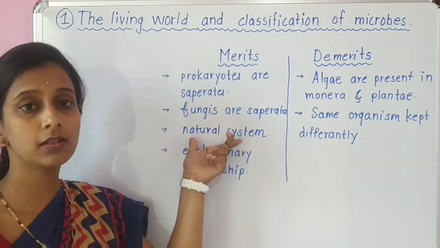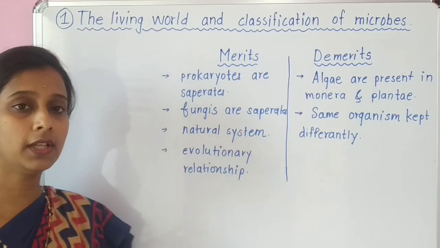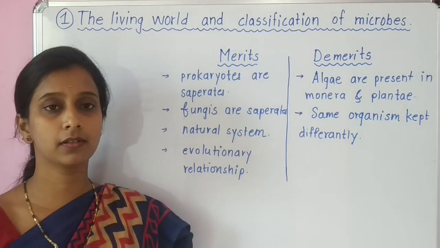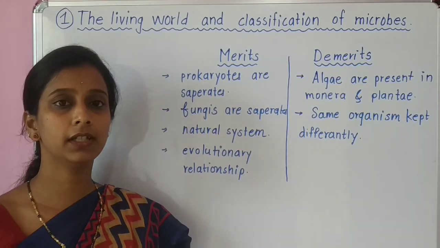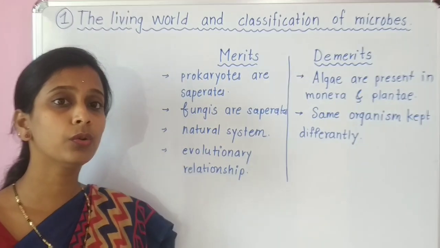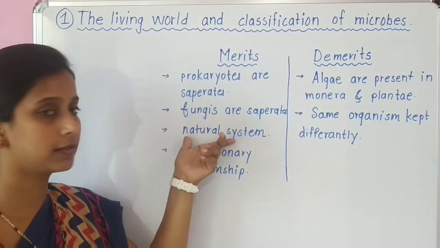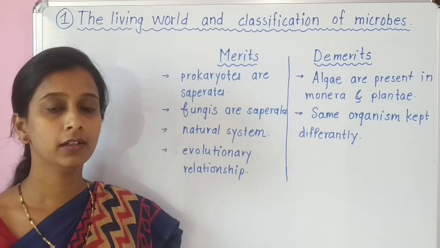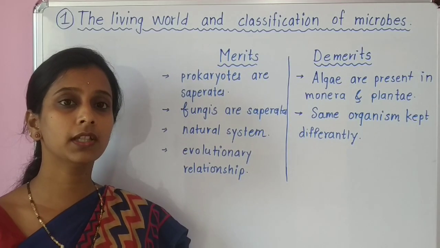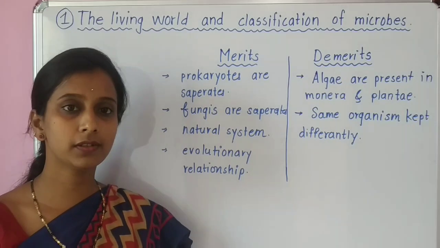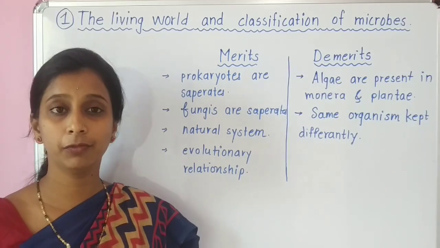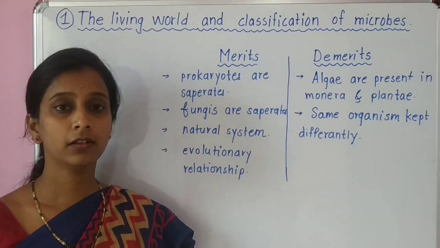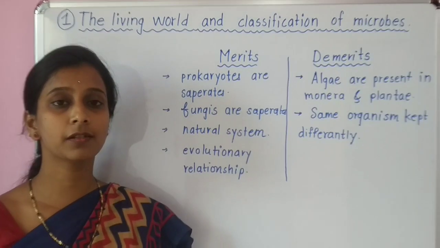Then, this is a natural system. All the organisms placed in the five kingdom system are placed with their natural characteristics. So this whole system is a natural system. Now come to the next, evolutionary relationship. In the first kingdom, Monera, prokaryotic unicellular organisms are present, and in the last kingdom, Animalia, complex multicellular organisms are present.